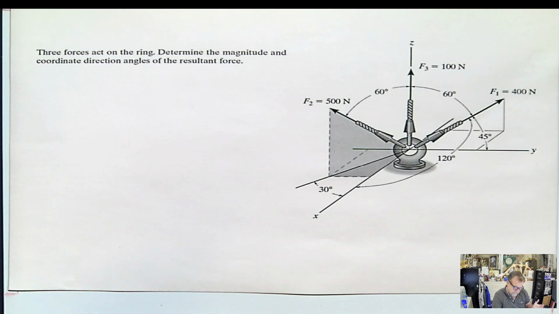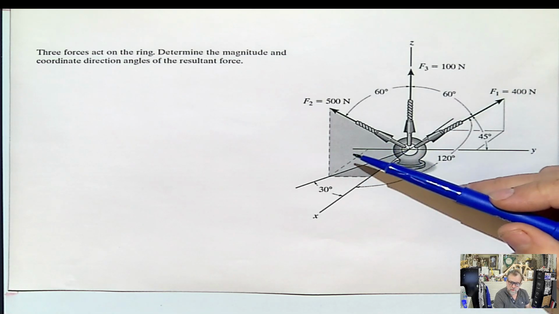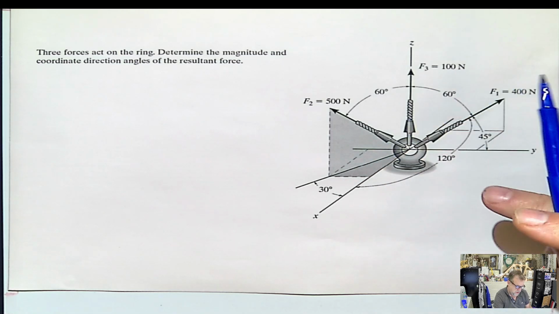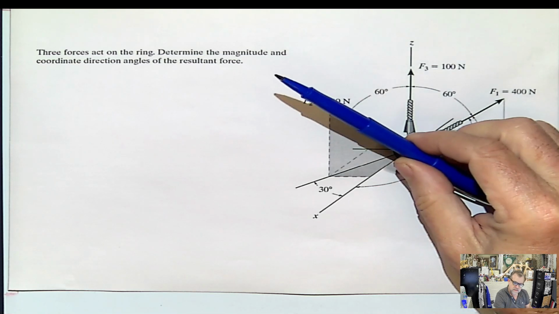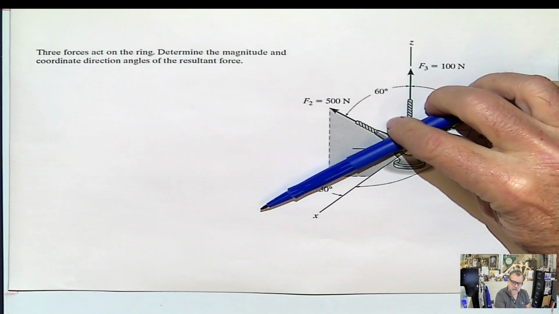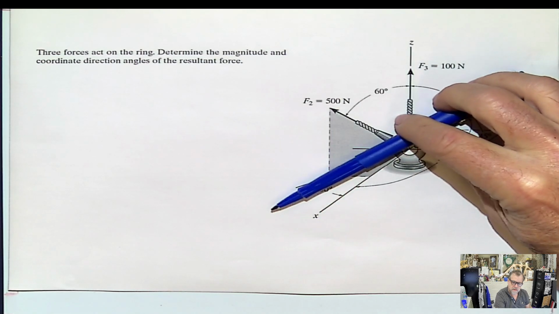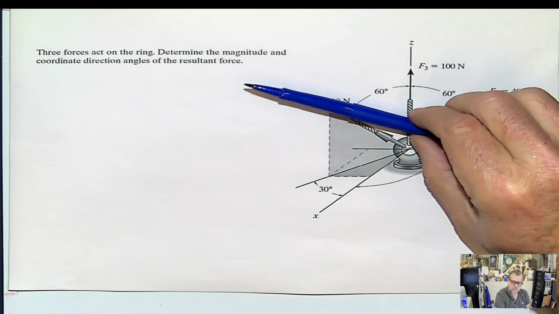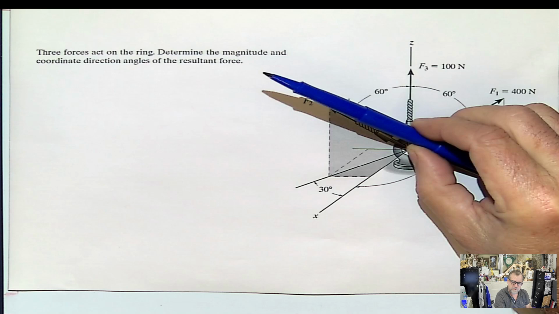Okay, let's first study what is happening here. Obviously, these are meant to be projection vectors, projection angles. That means that this is here on top. We have to bring it down to this part, and then we have to bring it down to the other axis. That's what's happening here. So the force is somehow inclined in the space here.